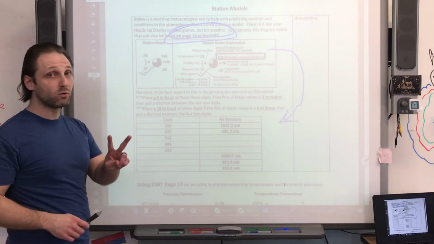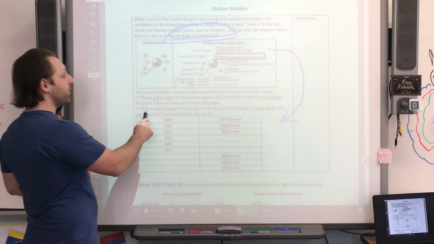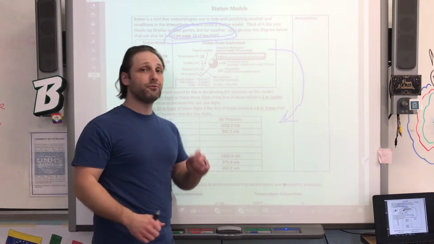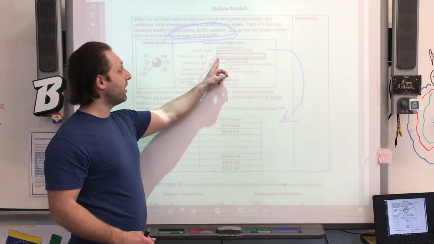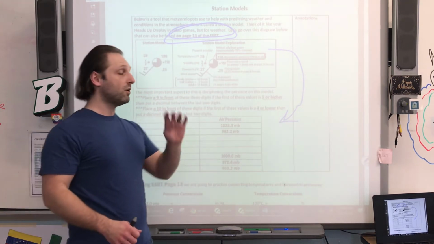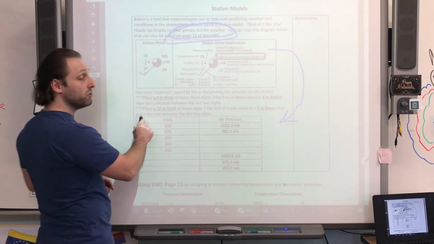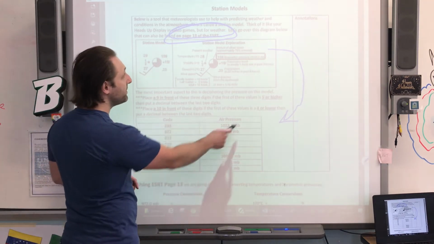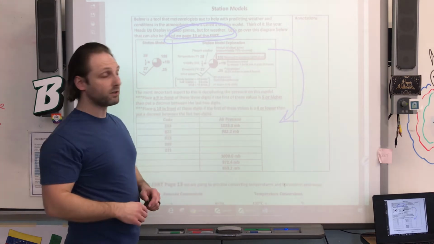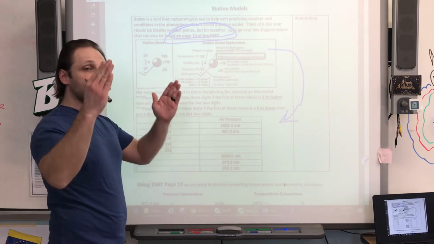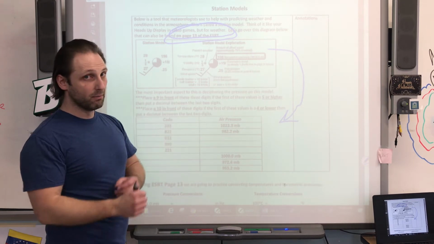Our second rule before we practice: place a 10 in front of these digits if the first value of this code is the number 4 or lower. Then we do the same thing, placing a decimal between the last 2 digits of the code. This will result in the actual air pressure in millibars.